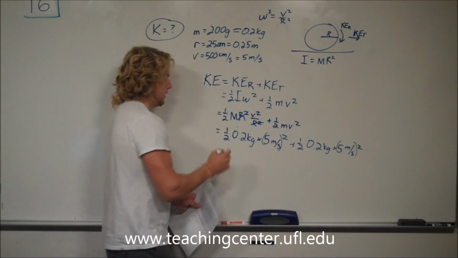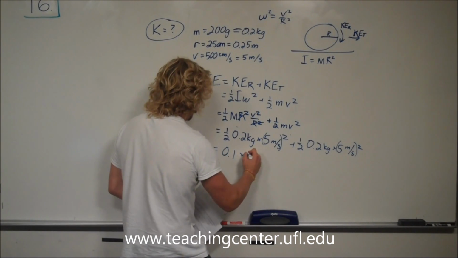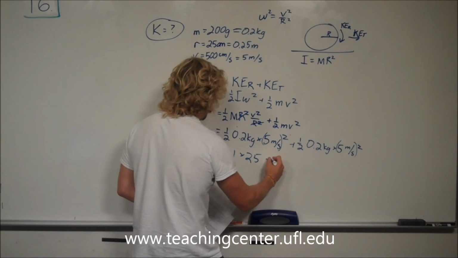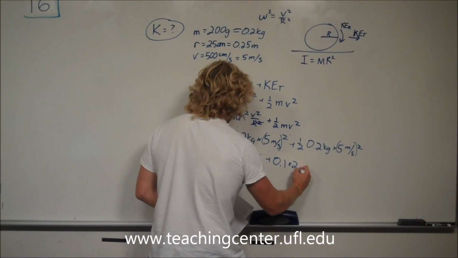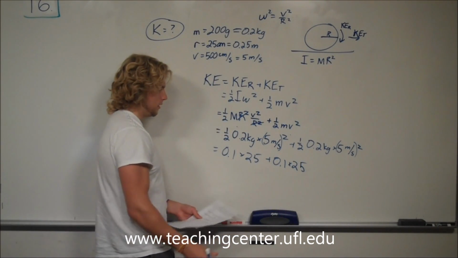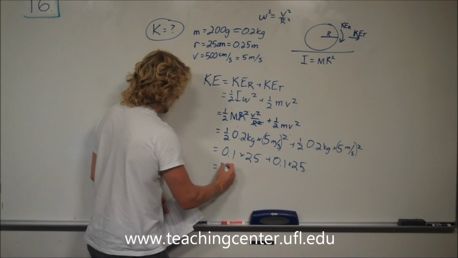Alright, now we have is equal to 0.1 times 25 plus 0.1 times 25. Okay? This ends up being 5 joules.